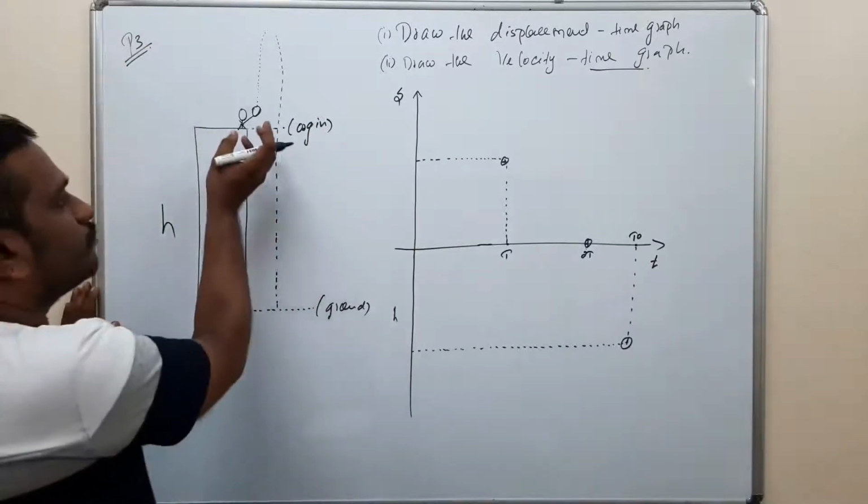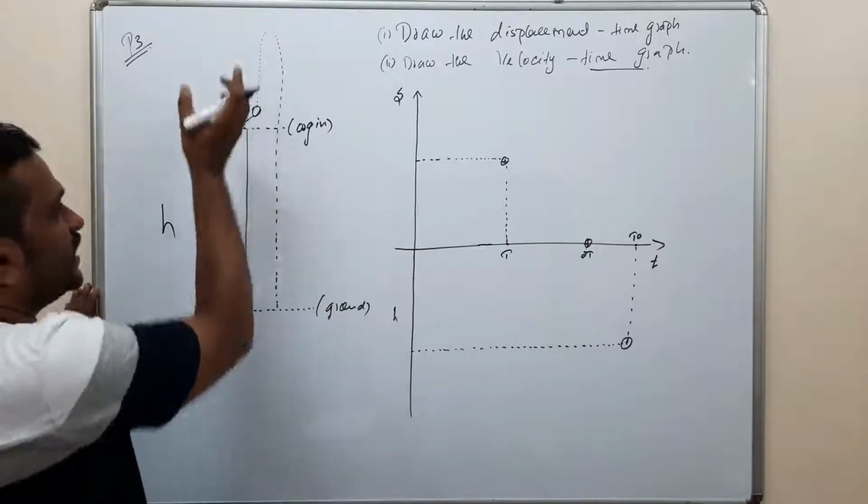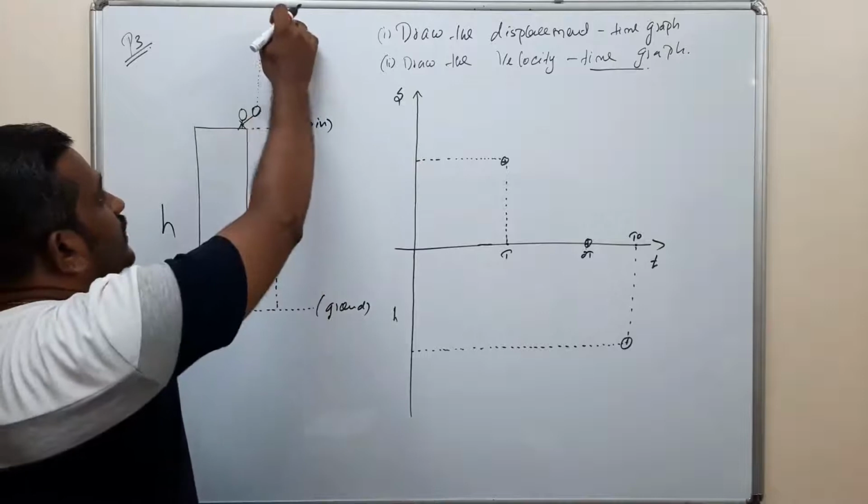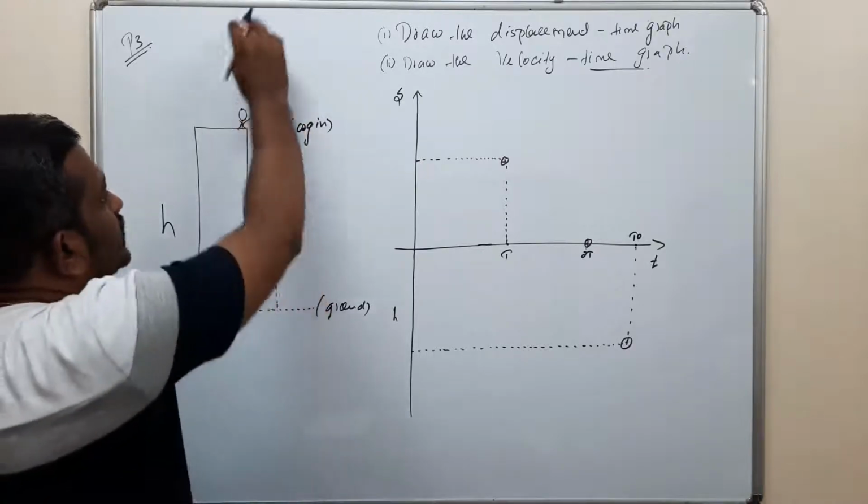When a ball is projected with a certain velocity, at this point the velocity becomes 0 and it comes down.